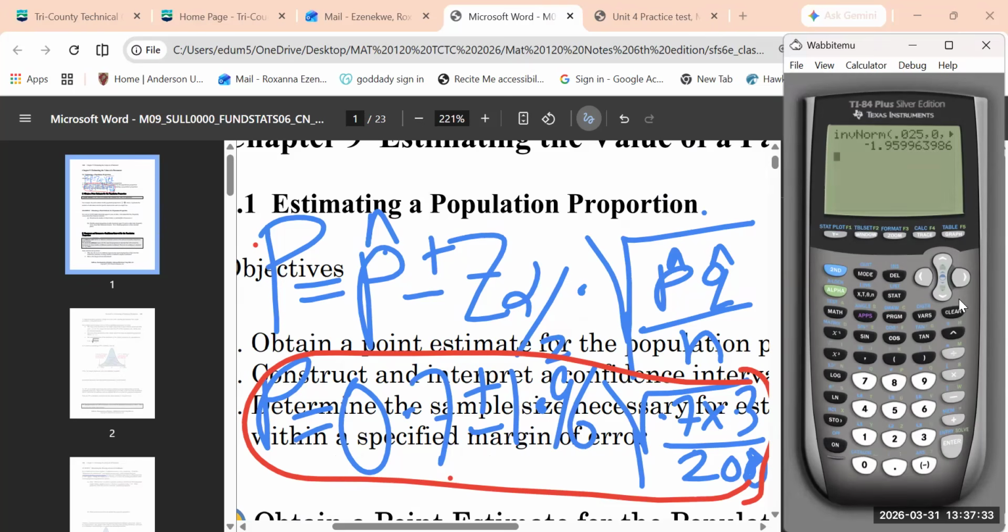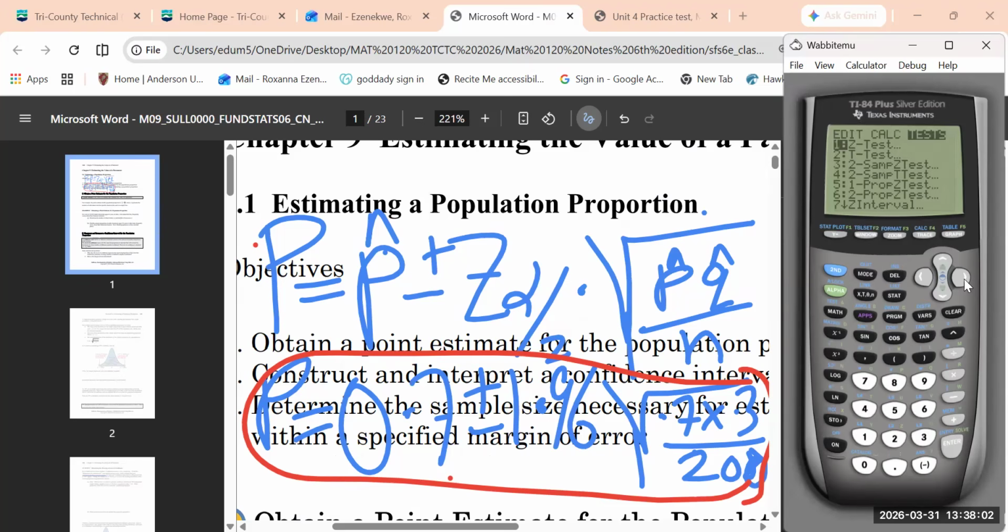Whenever I'm told to do a confidence interval, a P confidence interval with my calculator, I'll go to start, S-T-A-T. This is the first time we're doing this, so I want to note this. For the P confidence interval, go to start, arrow to test, and this is confidence interval.